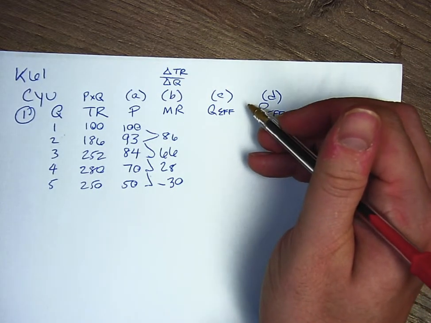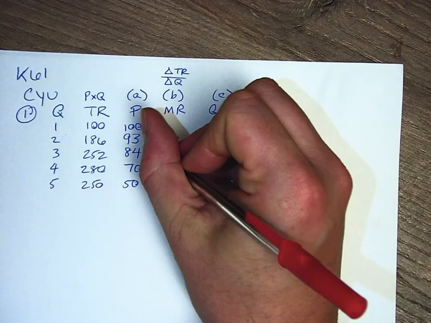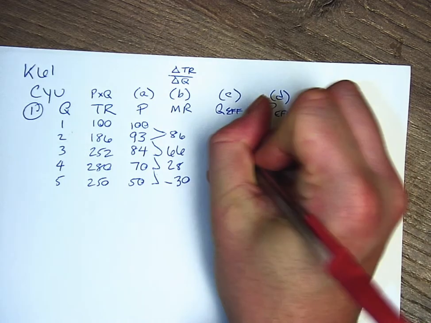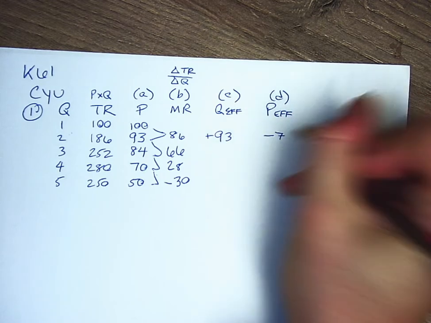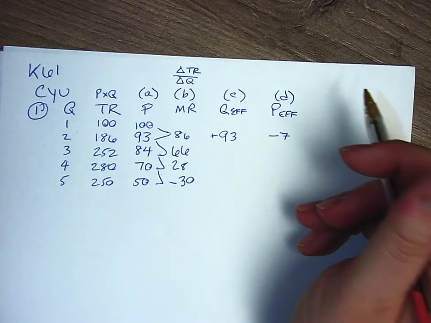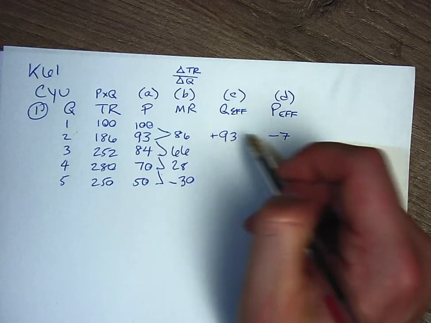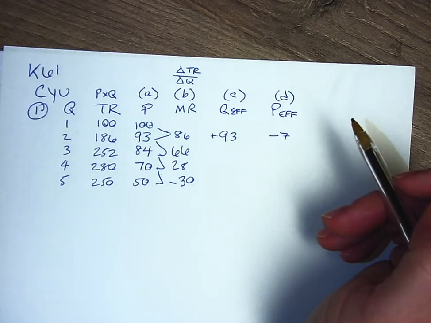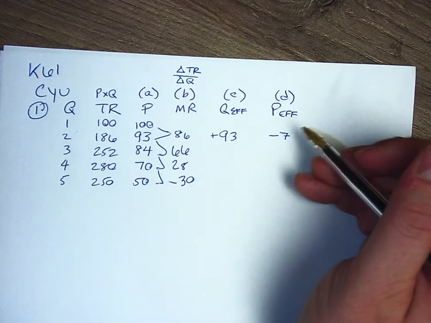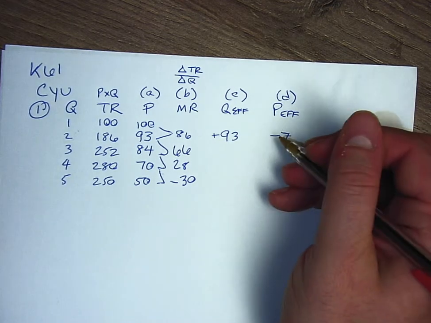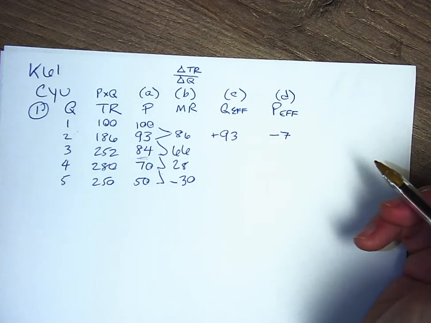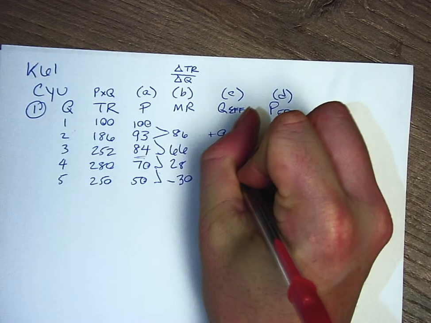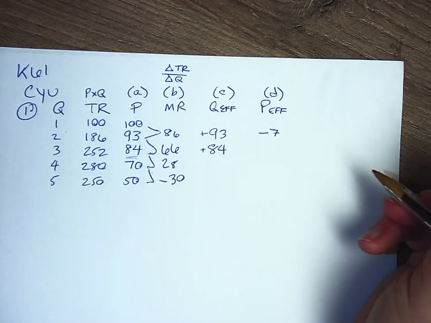So for example, the second unit, the additional unit was 93, so you gained 93, but you had to lower the price $7 of the previous unit in order to sell that one. So 93 minus 7 is 86. Now the third unit, you gained from selling it. And how much did you gain? Well, you gained 84. Because you sold it for 84, you gained 84 by selling an additional unit.